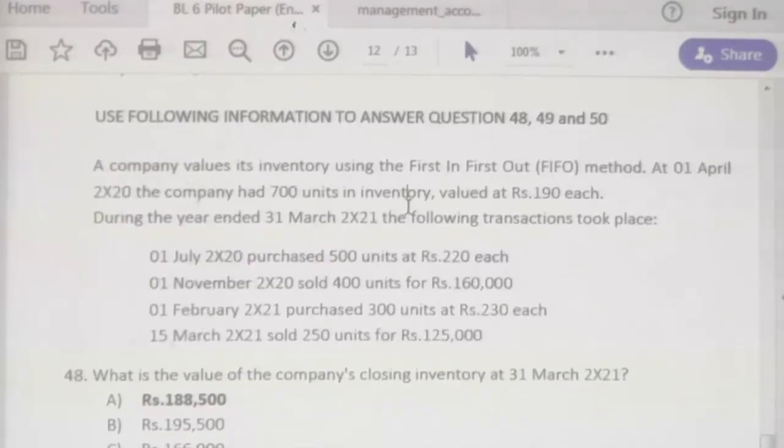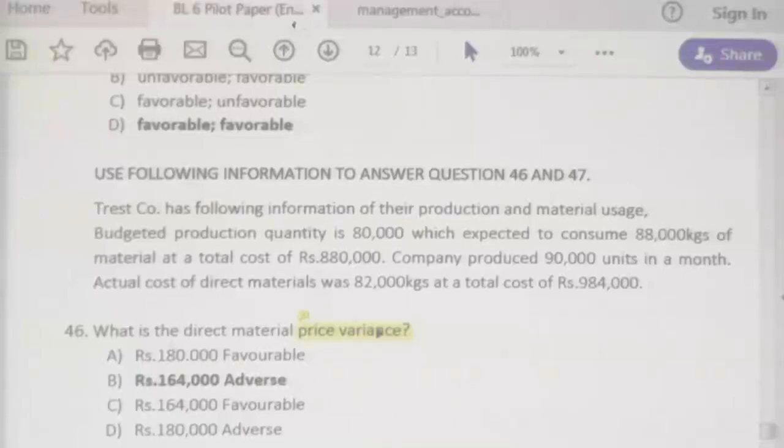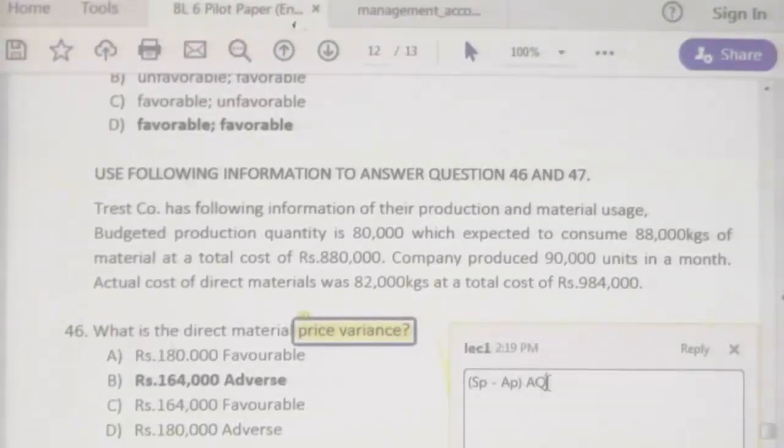Now let's see the figures for this formula. What is the standard price per unit of material? What is the actual price per unit of material? And what is the actual quantity?